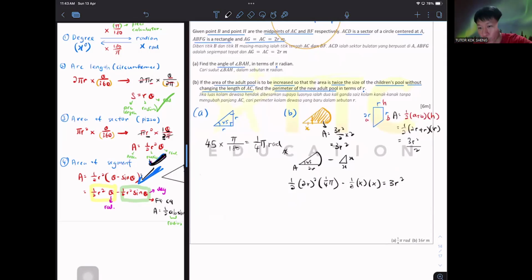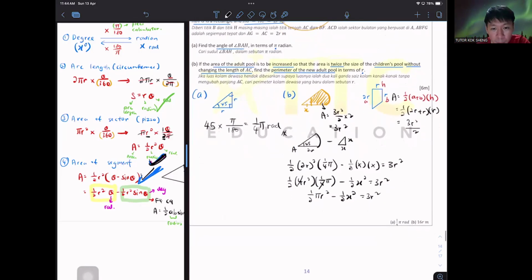After you find the x, we can continue and find the perimeter. Let's expand. 4r squared, 1 over 4 pi, 1 over 2 x squared. So the 4 and 4 can cut, left 1 over 2 pi r squared. Now we can find the x, bring everything over.